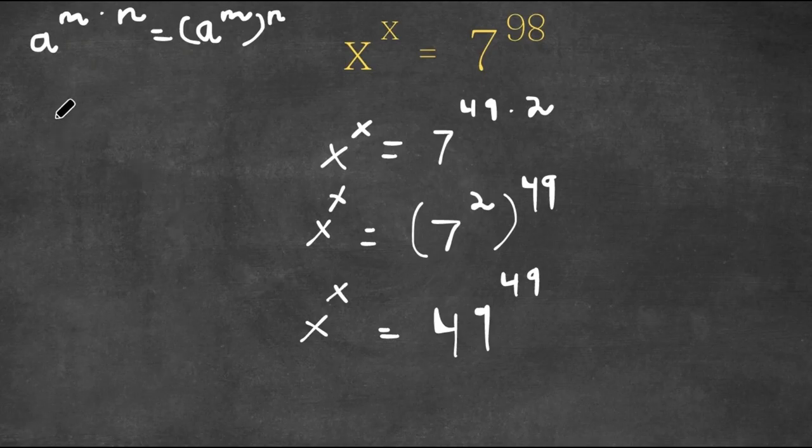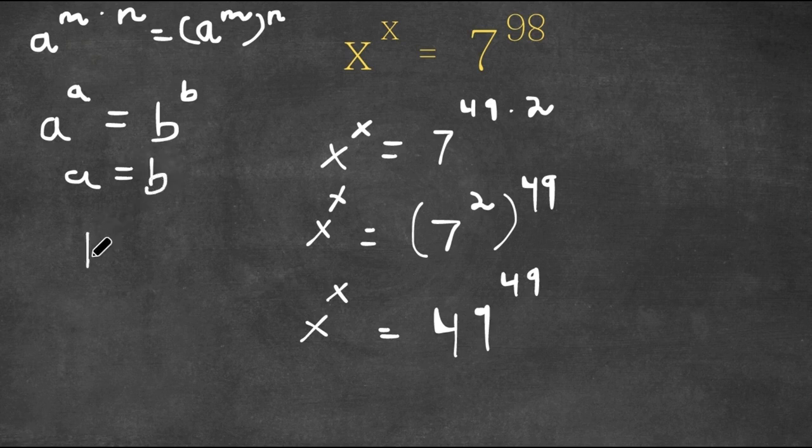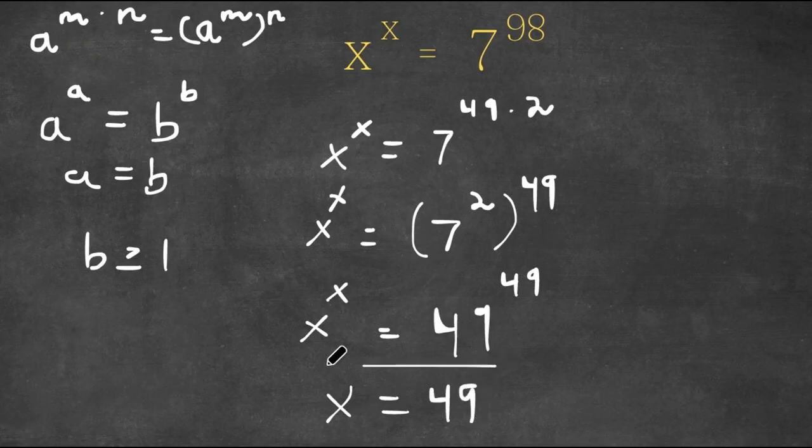And if we have something in the form a to the power of a is equal to b to the power of b, then this means that a is equal to b as long as b is greater than or equal to 1. So in this case, b is 49, which is greater than or equal to 1, so this means that x is equal to 49. So this is our answer.